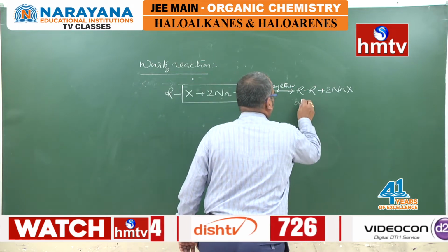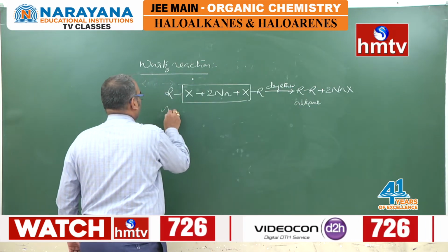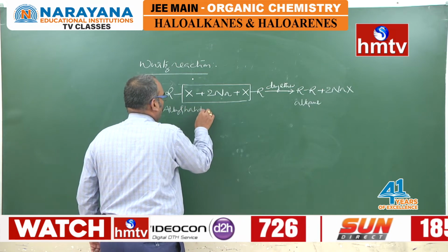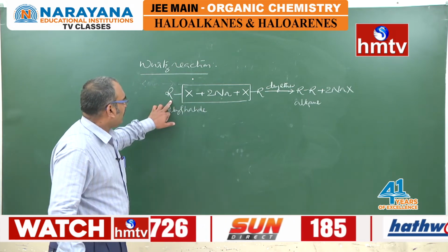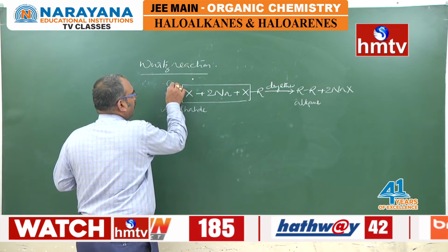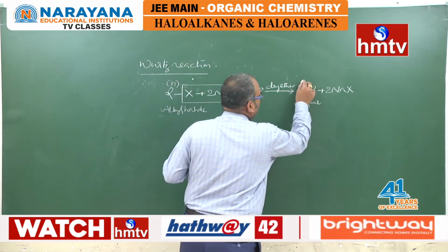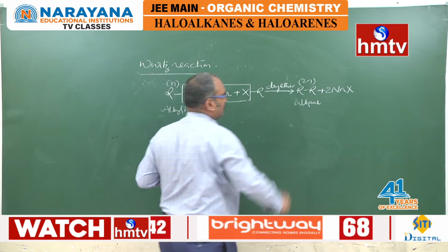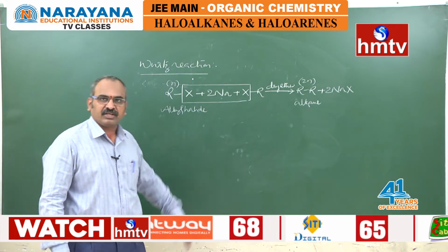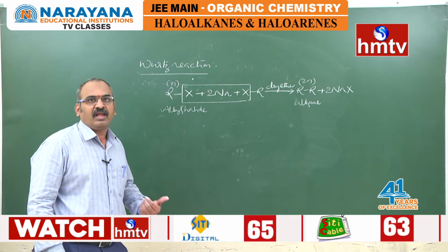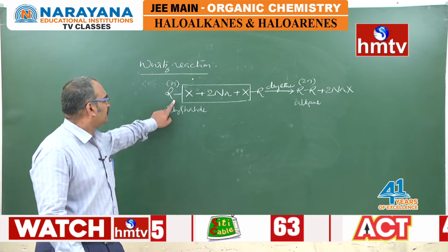This is the alkane, this is the alkyl halide. Suppose R has n carbon atoms, here 2 R's are there, so it will have 2n carbon atoms. So in Wurtz reaction, the alkane formed will have double the number of carbon atoms than the alkyl halide.